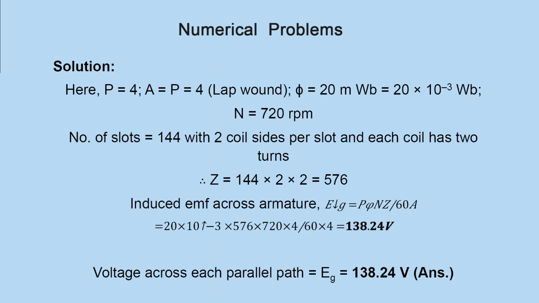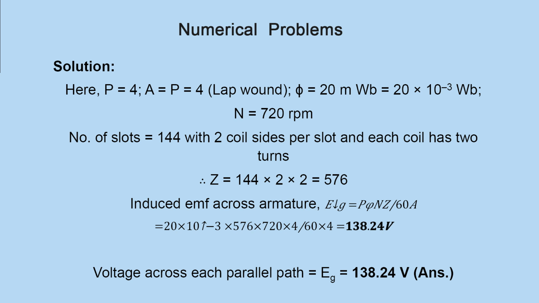So let us solve this problem. In this particular problem, the number of poles is given as 4. The number of parallel paths A is equal to P, because it is a lap wound machine, which means A is equal to 4. Flux per pole phi is equal to 20 milliweber, and the speed is 720 RPM. Here we have to find the value of Z, because Z is not directly given.